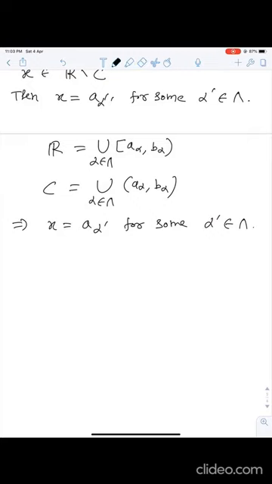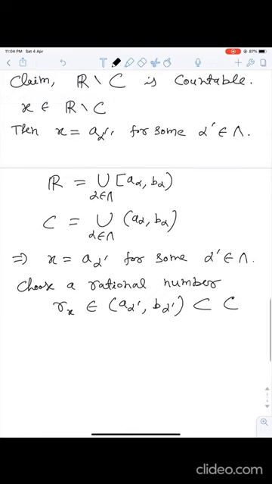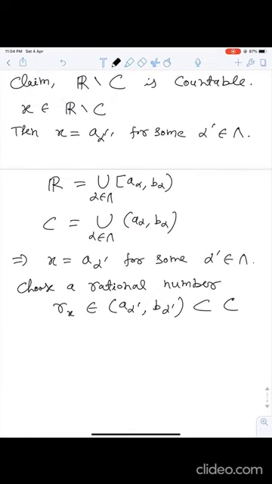Now choose a rational number Rx from this open set (A alpha dash, B alpha dash), which is a subset of C. If we choose an element X from R minus C, since R is equal to this and C is equal to this, that means X is just a boundary point, some type of A alpha dash.